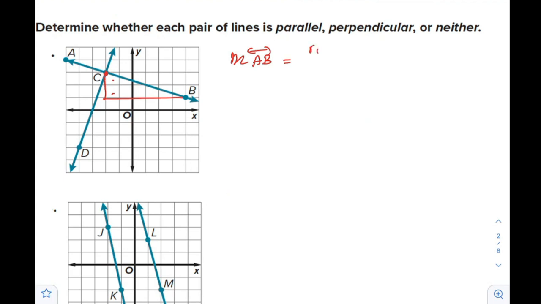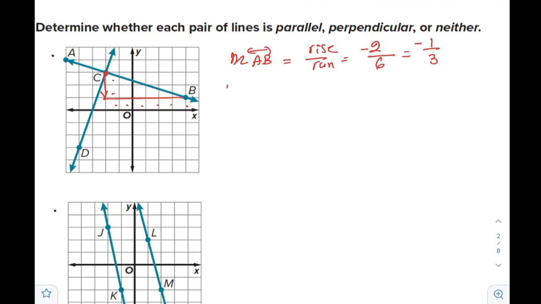So the rise is 2, run is 1, 2, 3, 4, 5, 6. Simplifying is 1 over 3. Remember, this has a negative slope because when you go down here, the rise is negative. So you can determine that later. So it is -1 over 3.